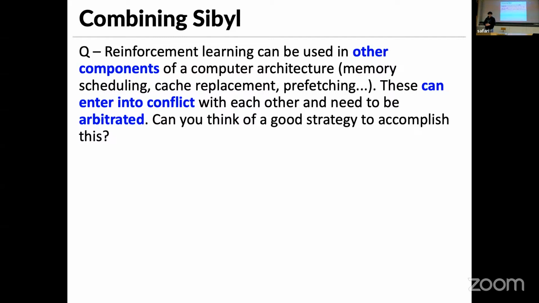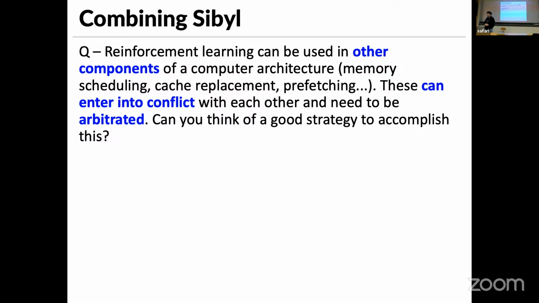So I was wondering if you could think of a good strategy to arbitrate different, let's say, conflicting RL agents in the computer architecture. That would basically be the question.